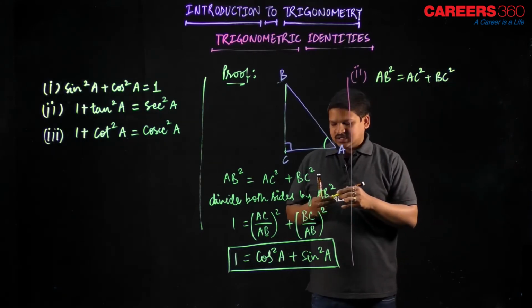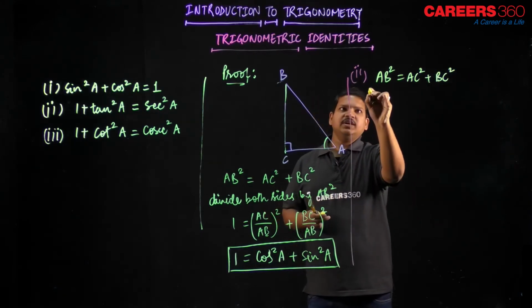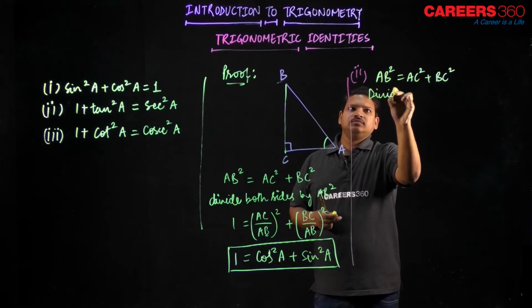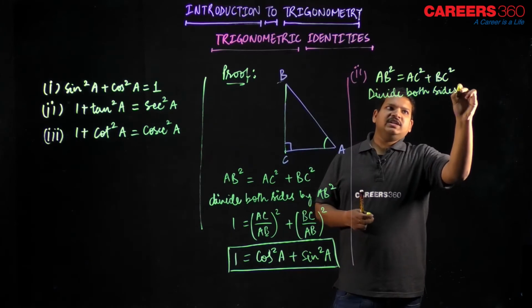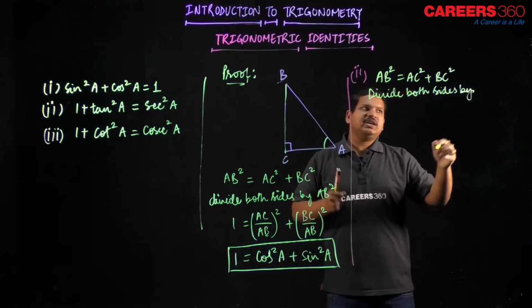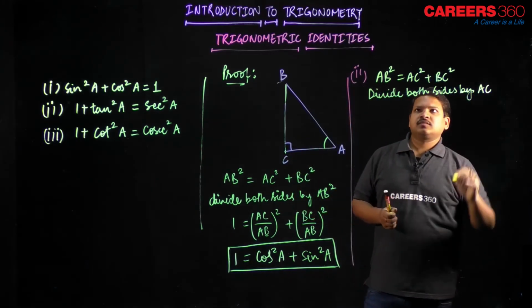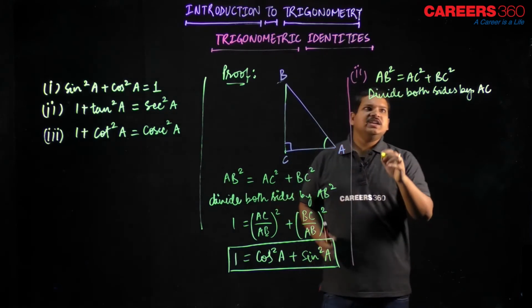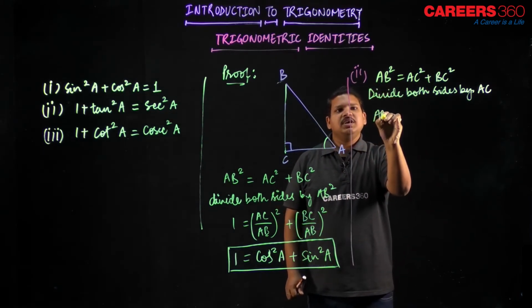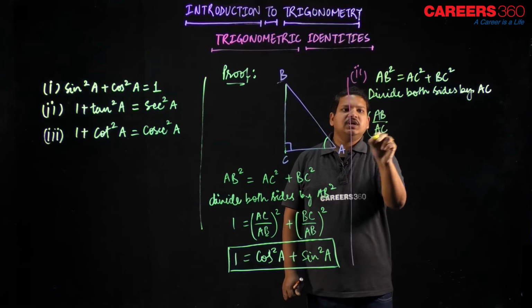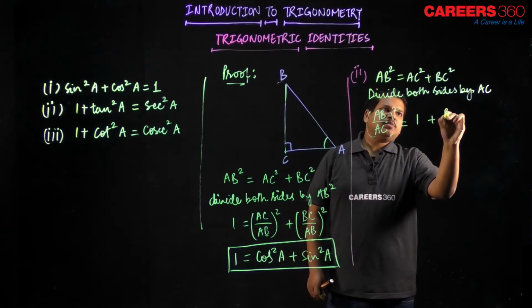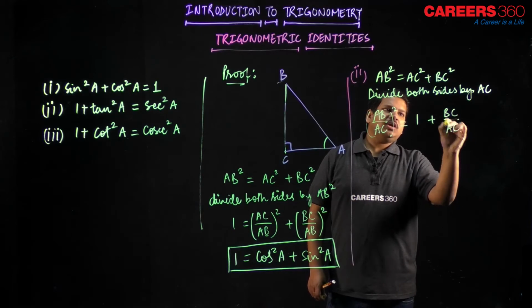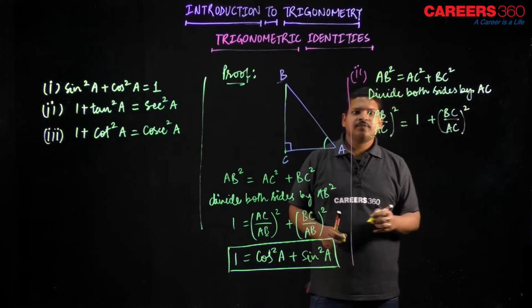In this, let's divide both sides by AC. Now if I divide both sides by AC, what I will be getting is AB upon AC whole square is equals to 1 plus BC upon AC whole square.